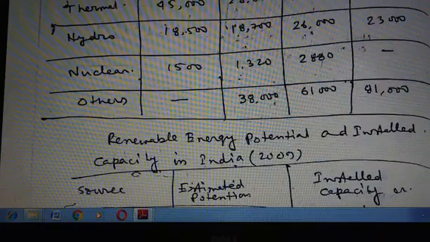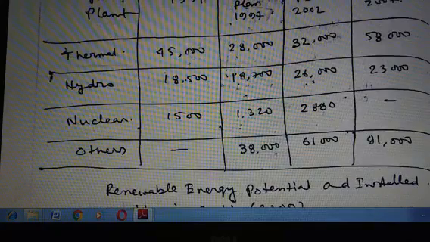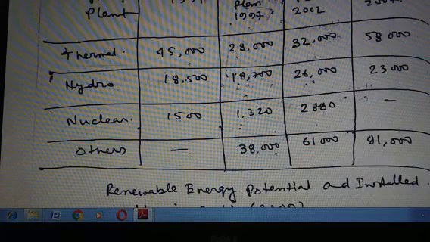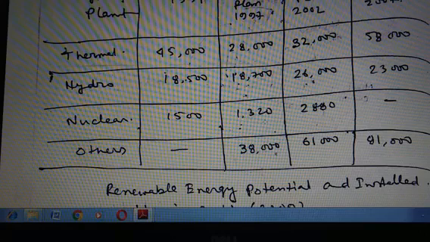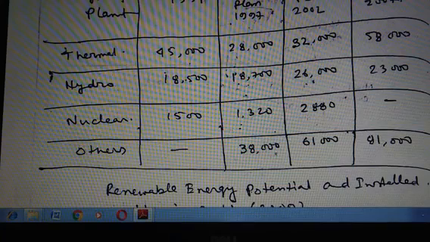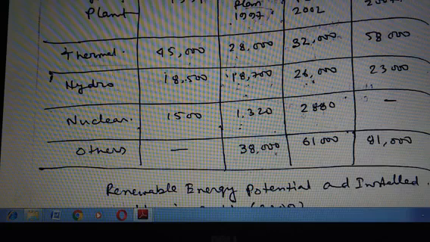In case of the nuclear system, in 1991 the total generated power is 1,500. In 1997 it is 1,320, and in 2002 the total power is 2,880 megawatt.